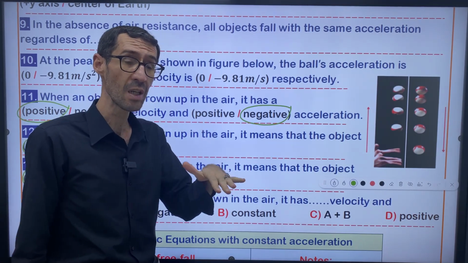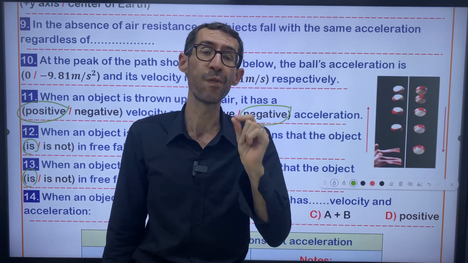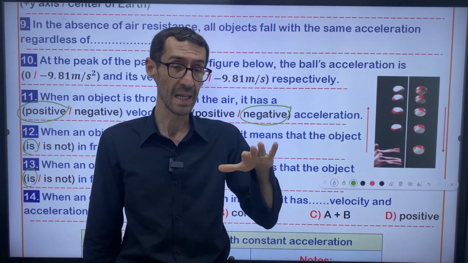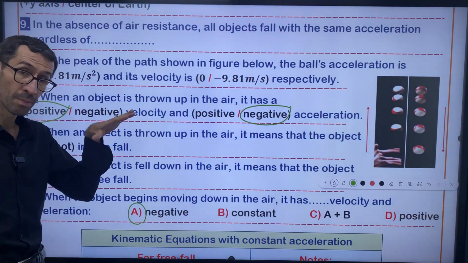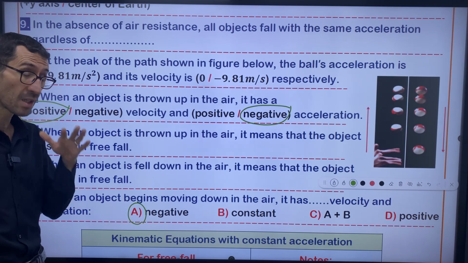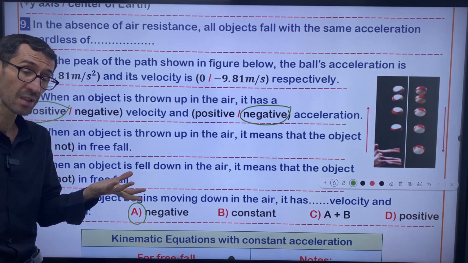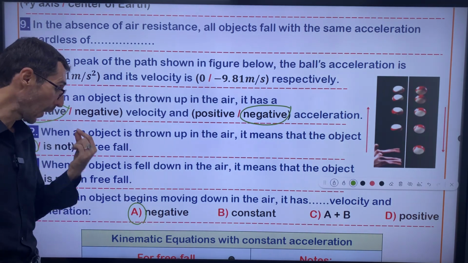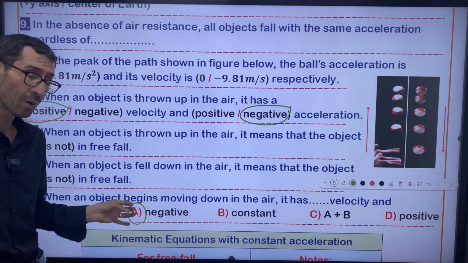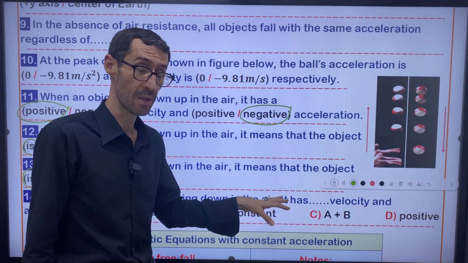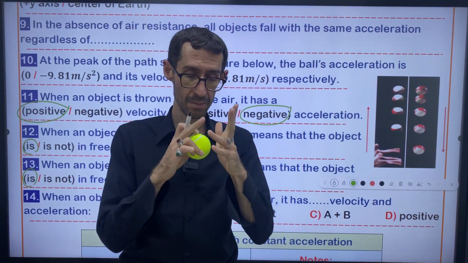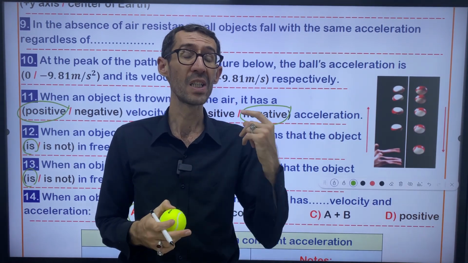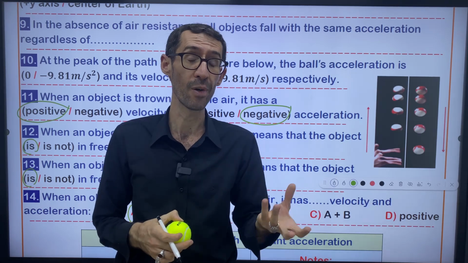Velocity is changing by a constant value. So the velocity is increasing when the object moves down, but by the same amount. The only thing that is constant is acceleration. Velocity is changing, but the change is taking place uniformly.